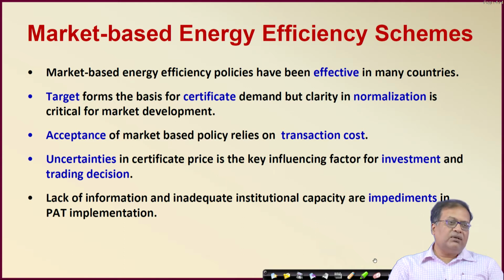Let us take the other situation, that nobody is getting certificates, everybody is buying certificates, is it not? So, if everybody underachieves, then obviously everybody has to pay penalty, which is also not good, is it not? It is a different situation where government earns money from all these industries in some form or the other. It is like an additional tax burden to these companies in the form of, let us say, carbon tax or whatever you call, because everybody is underachieving.